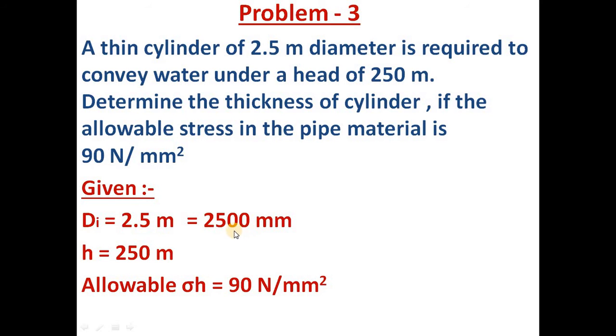Then pressure head h is given as 250 meters. Allowable stress, that means hoop stress, is given as 90 Newton per mm square.